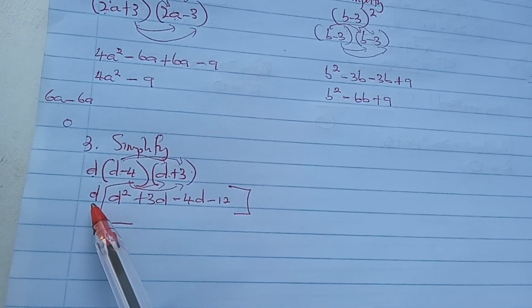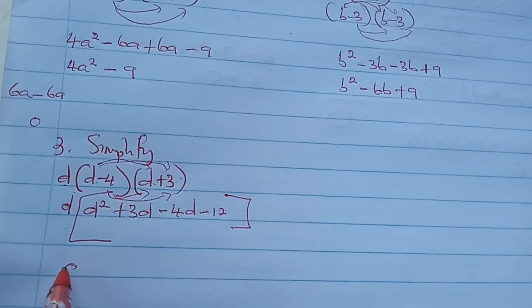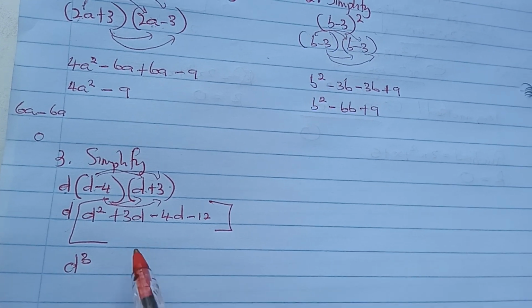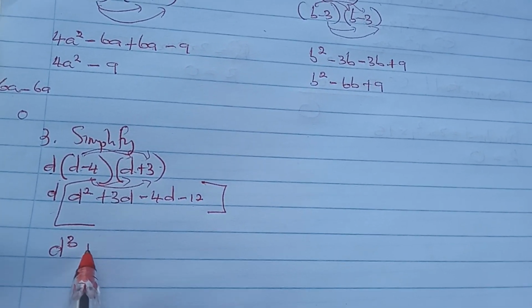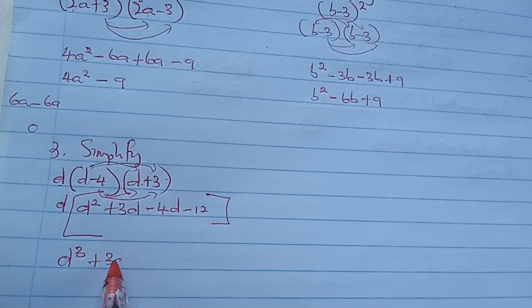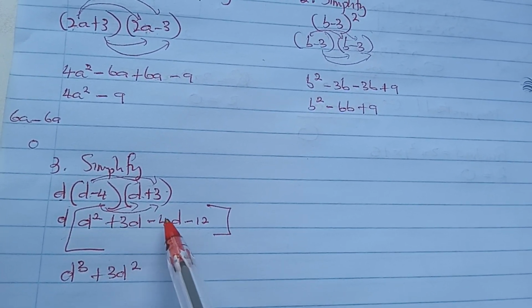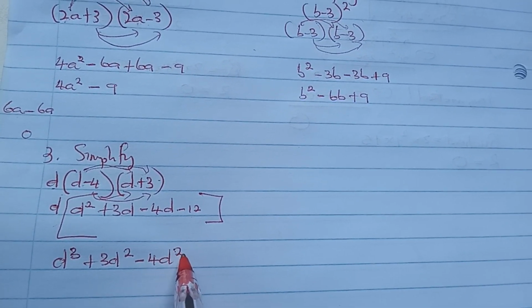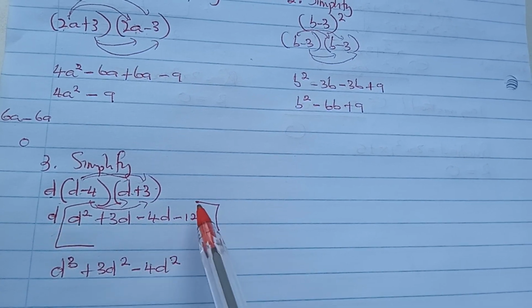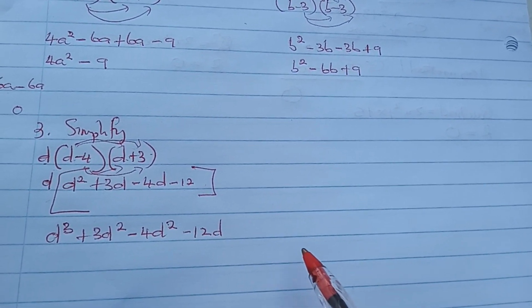So d by d squared, the answer is d to the power of 3, and then d by 3d, the answer is 3d squared. Okay, and then d by -4d, the answer is -4d squared, and then d by -12, the answer is -12d.